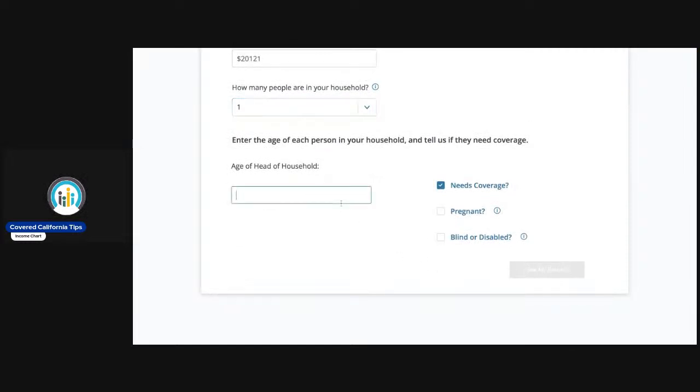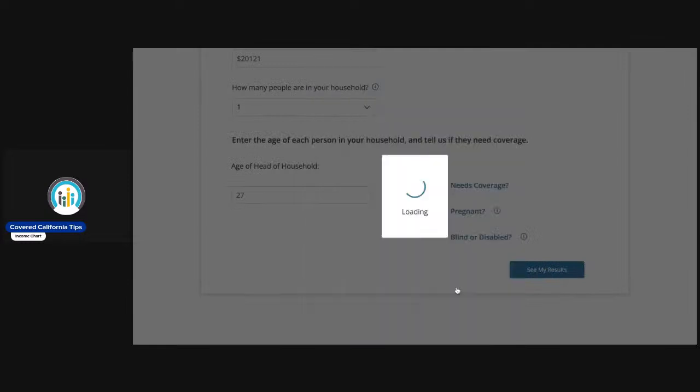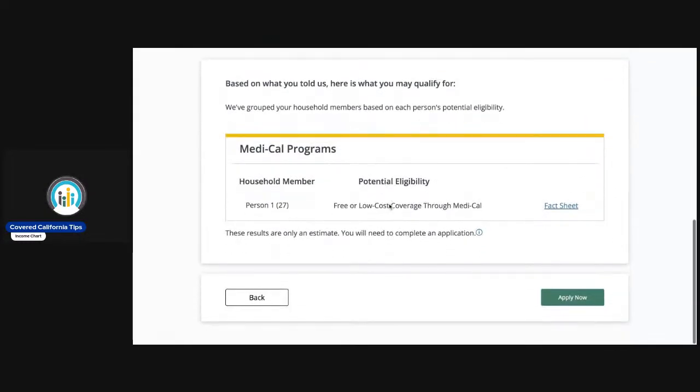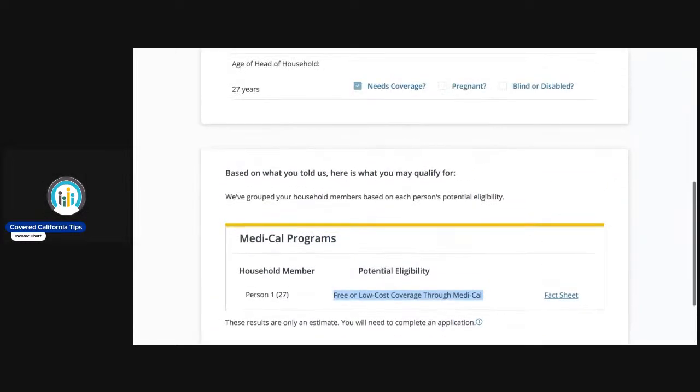Let's say the person is 27. Continue on. As you can see here, free or low cost coverage through Medi-Cal. The person doesn't qualify because based upon the income chart, a person who makes 20,121 per year would not qualify for coverage through Covered California.